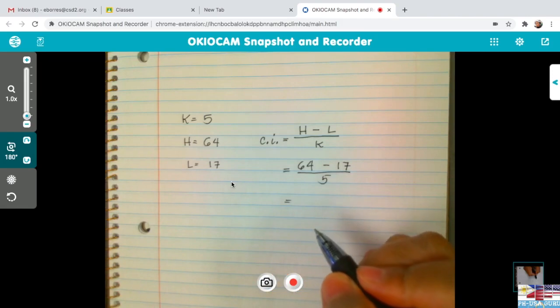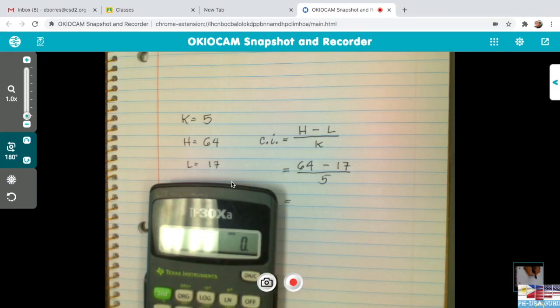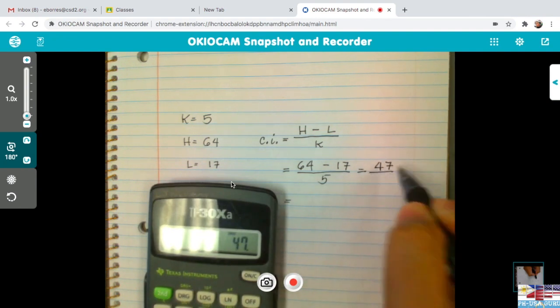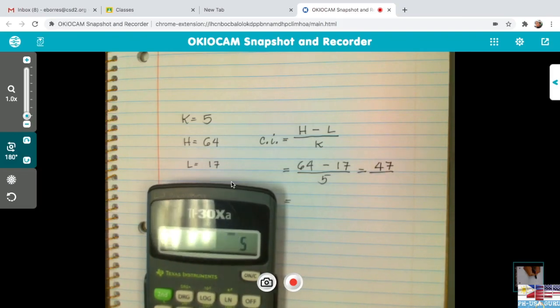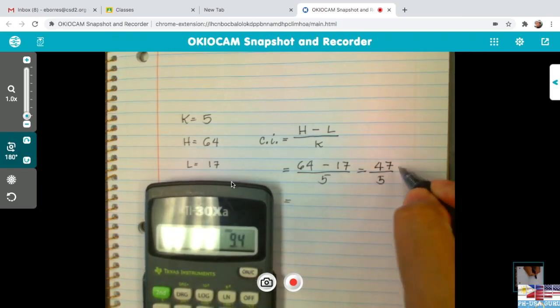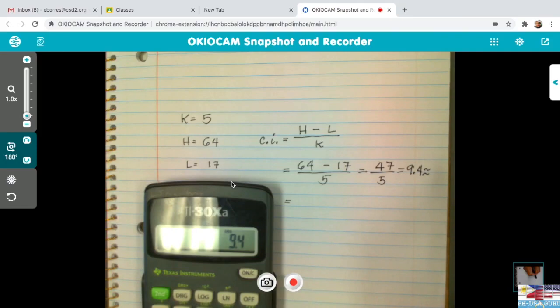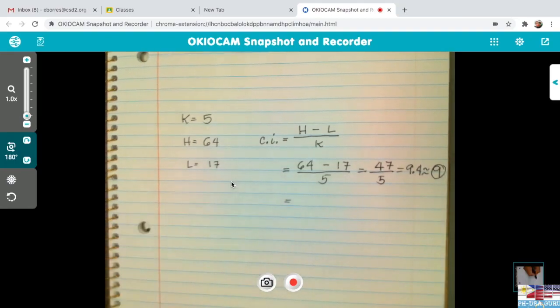What is 64 minus 17? 64 minus 17 equals 47, divided by 5 equals 9.4. I want you to round off 9.4 to a whole number, and 9.4 is equal to 9. So the interval is 9.